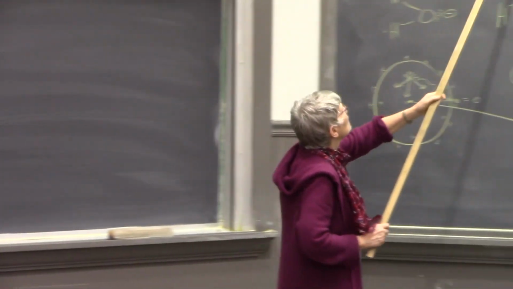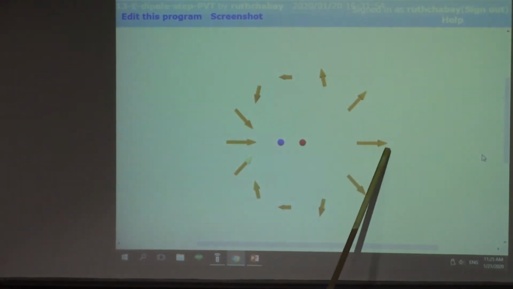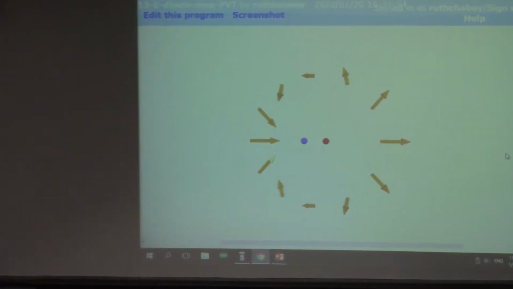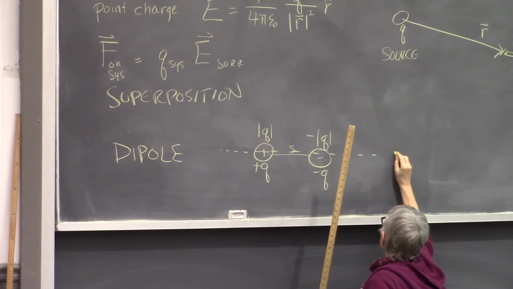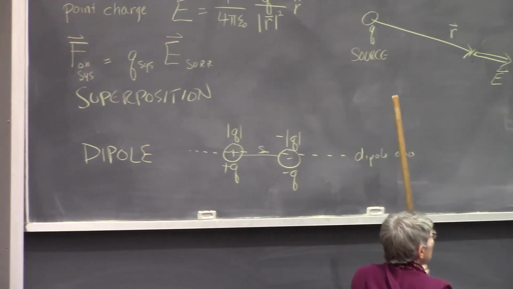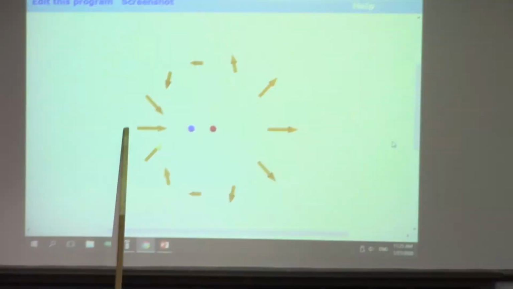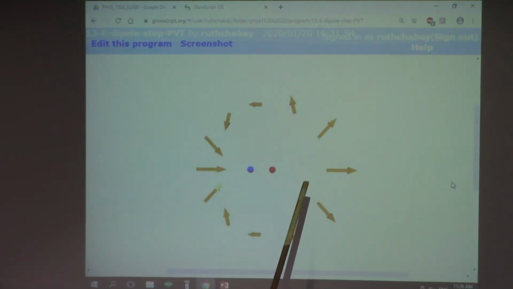Now there's something to note here. This is called the dipole axis. A line going through both charges is the dipole axis. And on the axis of the dipole, at the two locations where we calculated the field, it's pointing in the direction sort of from the negative charge to the positive charge, right?